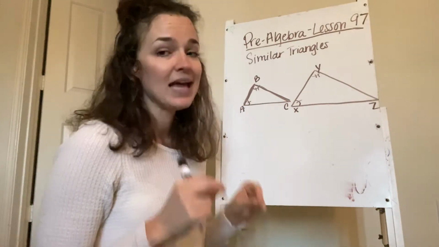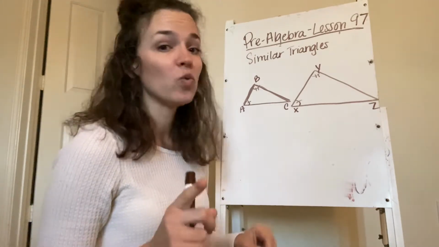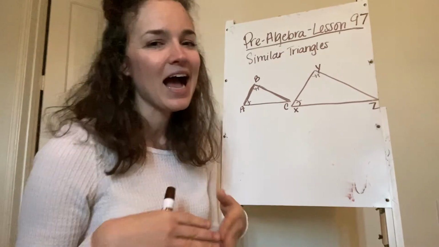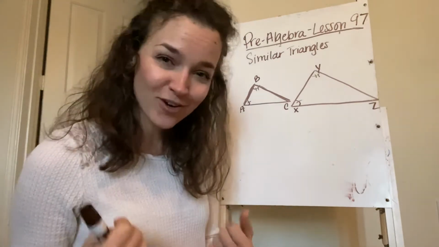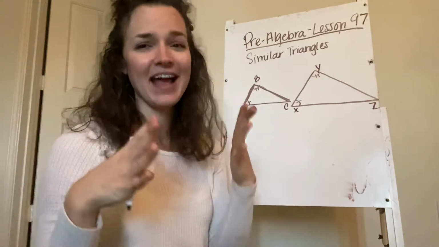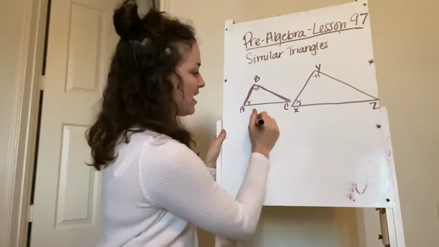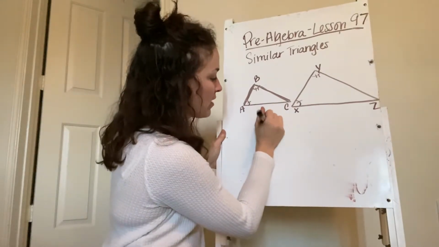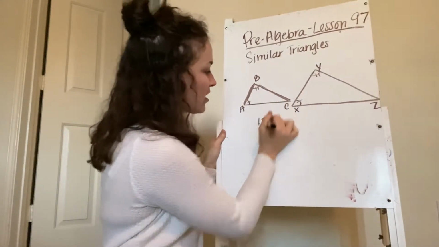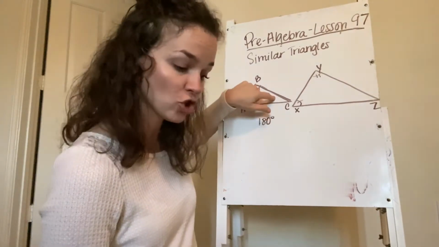Now we can also determine, based on what we know about triangles, how much do all the angles in a triangle equal? And you would say 180, and I'll be like, good job, you're right. The sum of all the angles in the triangle is always going to be 180. So if I know the total is always 180, then I could add up these two angles and subtract from 180 to get this third angle.